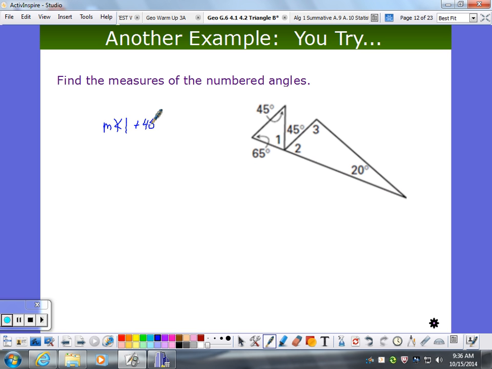So I can add these. There's more than one way to do these, but we're using this one. So what's that going to be? Plus 110 equals 180. So that makes the measure of angle 1 equal to 70, I think. So that would be 70 degrees in here.